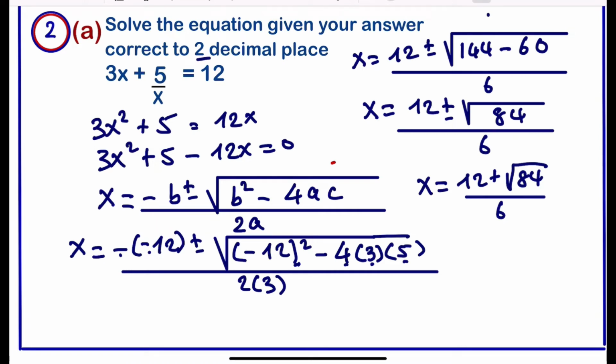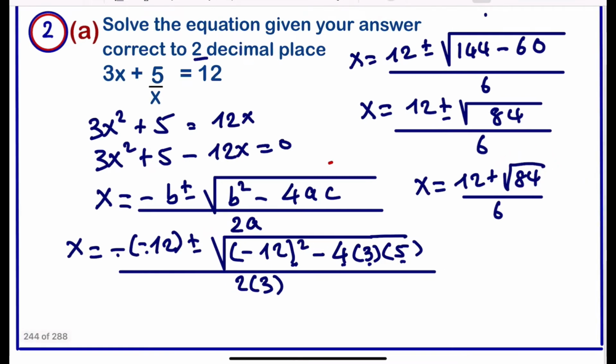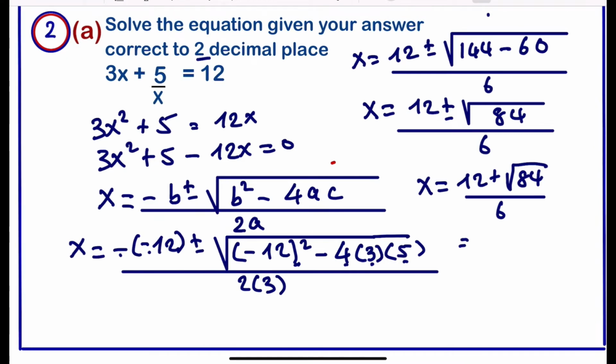So if we punch this into our calculator, firstly you have to look for the square root of 84, right? So square root of 84 plus 12 divided by 6. This will give us about 3.5275 and so on.